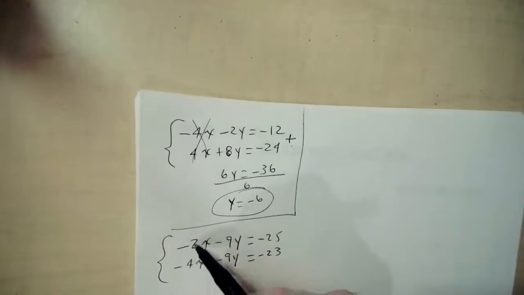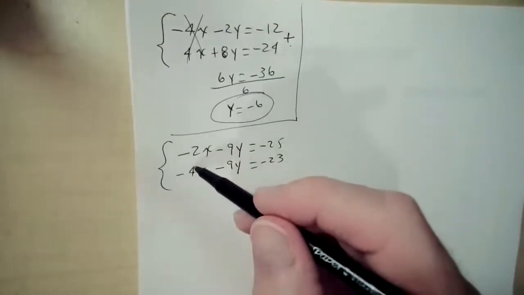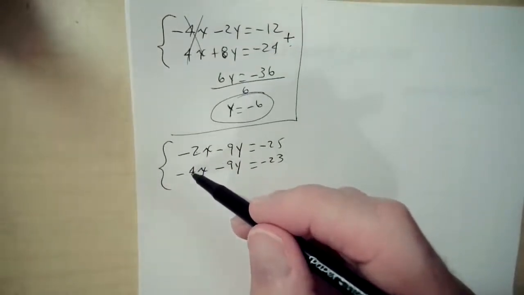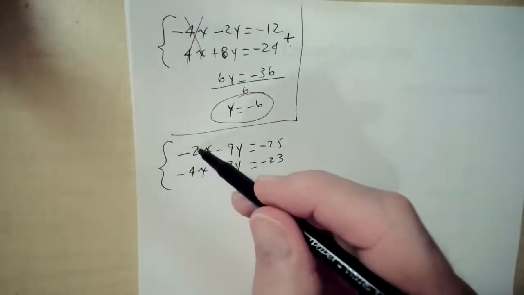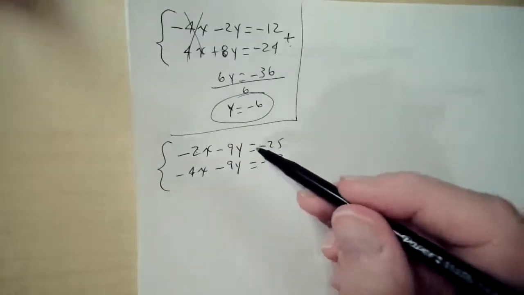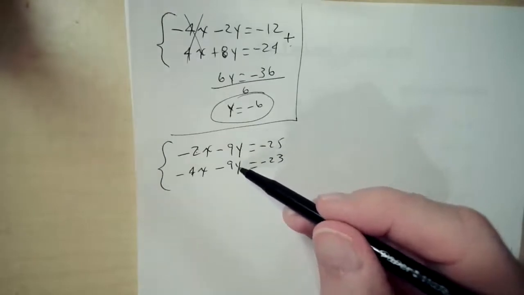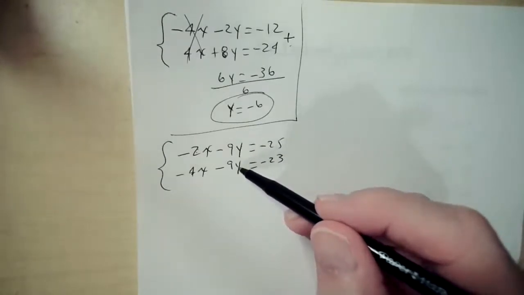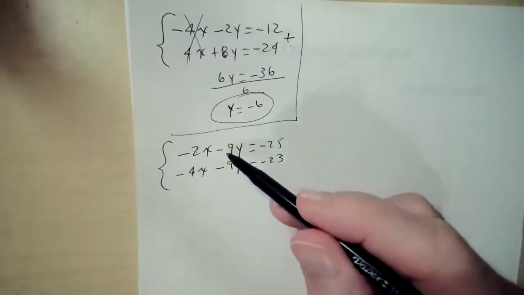A system of equations. Okay, if we add these two together, and remember, we want one of these to be the opposite of the other one. When I say the opposite of, like a negative 2x and a positive 2x, well, this isn't going to help us any. Negative 9y and negative 9y, those are the same. They're not opposites. So what are we going to do?